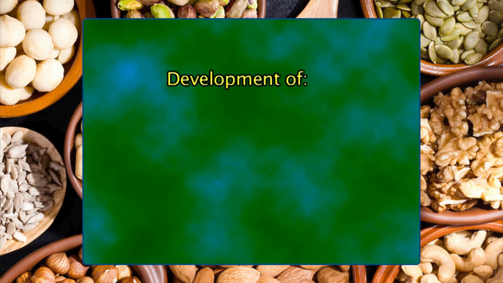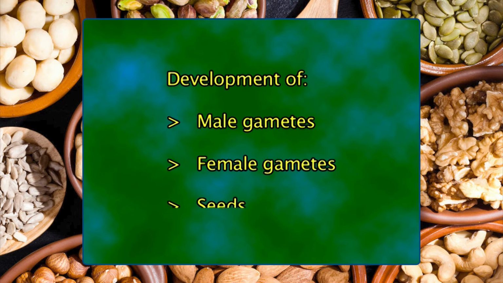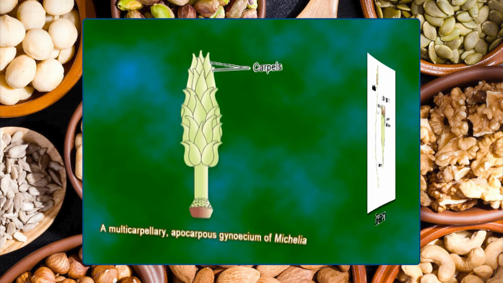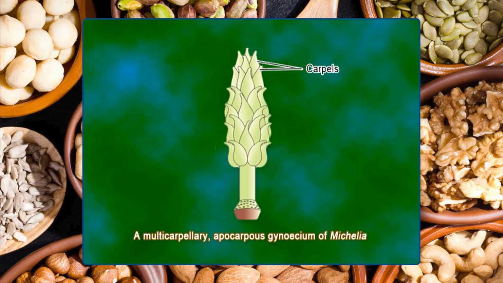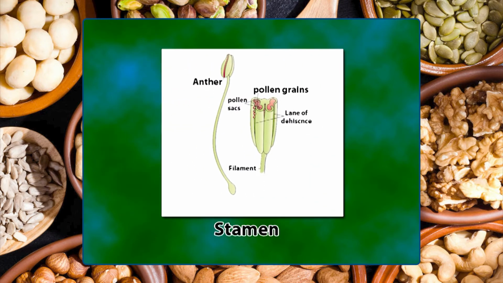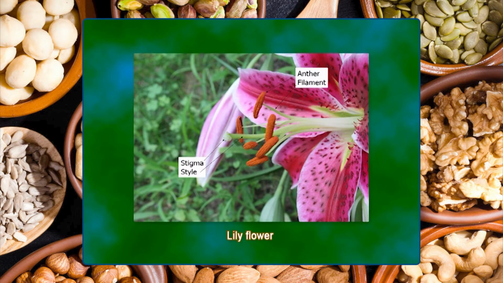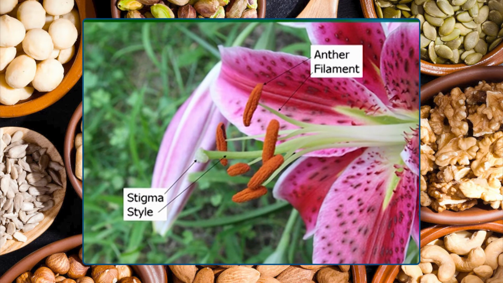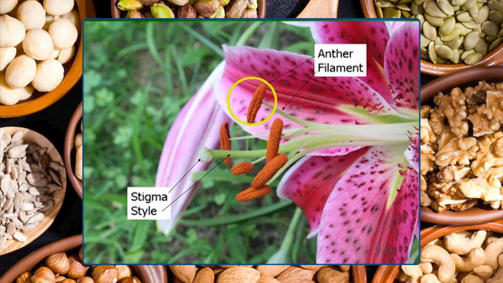Now, development of male gametes, female gametes and seeds in angiosperms. The 2 most important reproductive units in seed plants are stamens and carpels, producing male and female gametes respectively. They develop in a flower. The 2 parts of a typical stamen are the long and slender stalk called the filament and the terminal, generally bilobed structure called the anther.